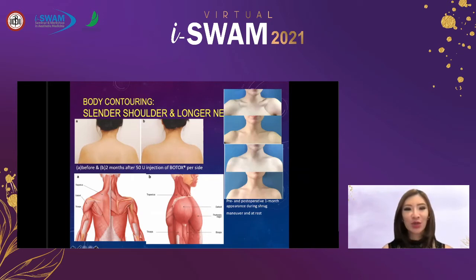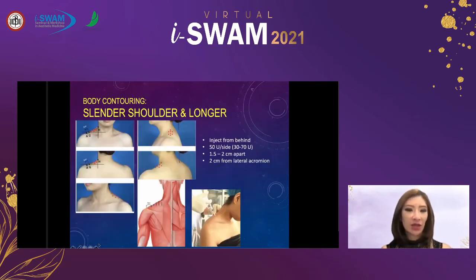However, for the patients who want to look less muscular, what you can do is inject the trapezius muscle. How much is the dose that you can give to the patients? You can give around 50 units per side.